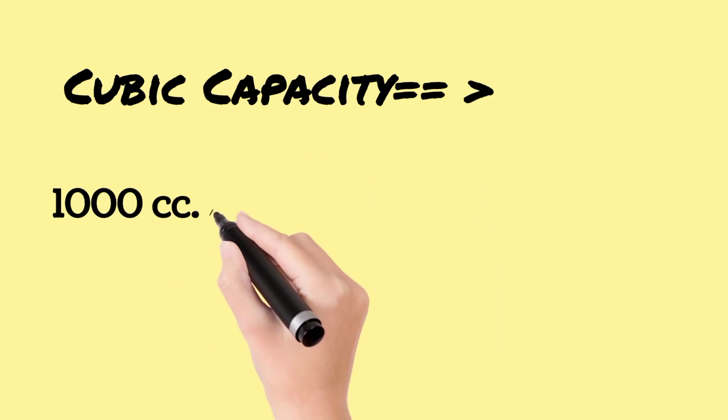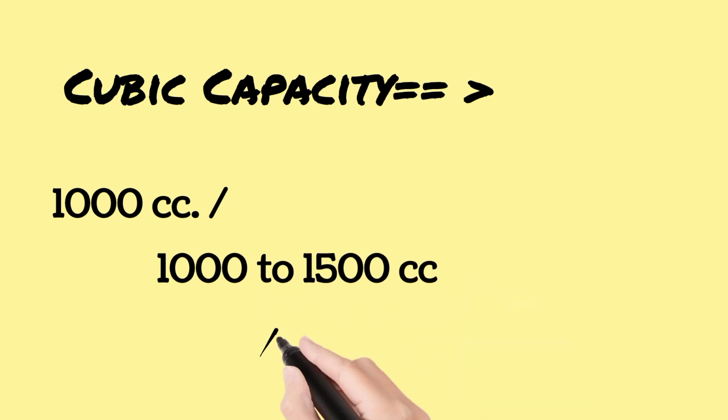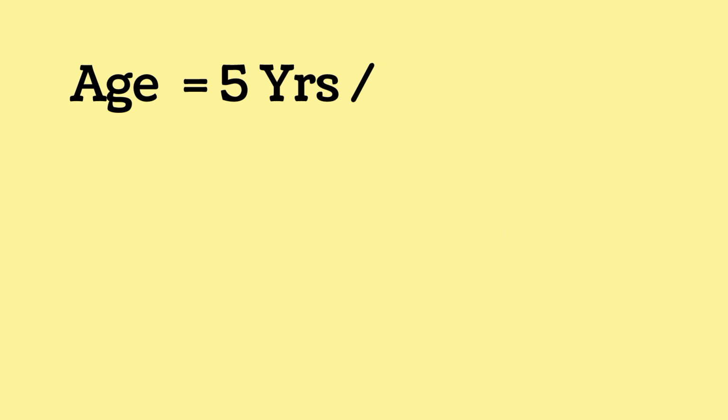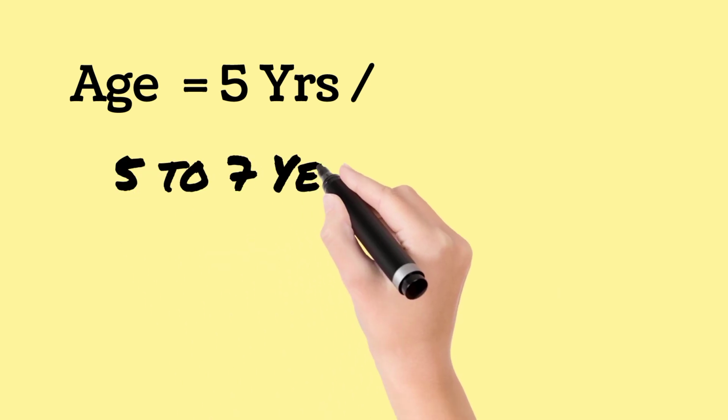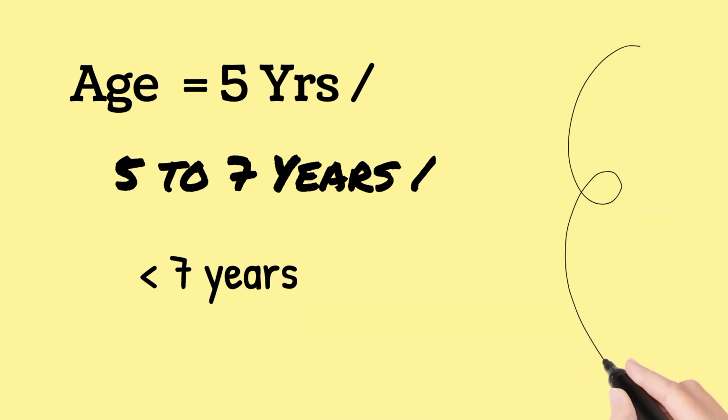Cubic capacity considered 1000 cc, 1000 to 1500 cc and more than 1500 cc. Age up to 5 years, 5 to 7 years and more than 7 years.